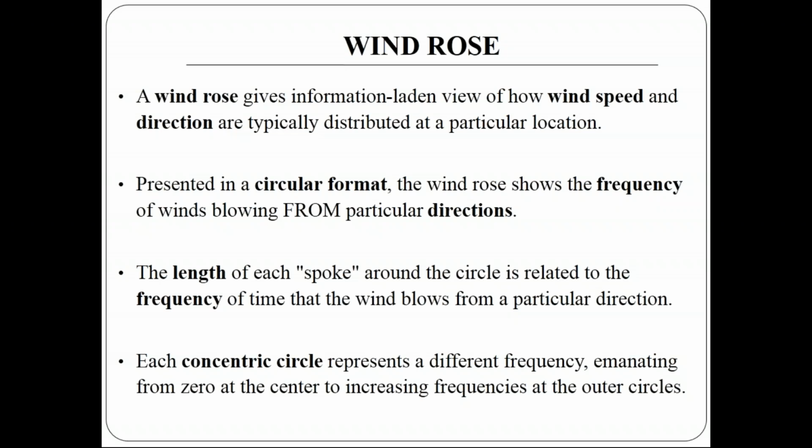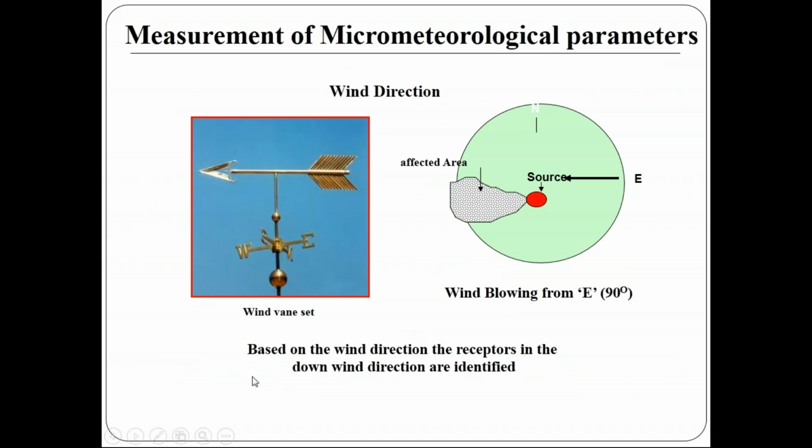The concentric circles represent different frequencies, from zero at the center to increasing frequency at the outer circle. Here you can see this is the wind vane of the anemometer, and this is, suppose, one affected area. So wind can be blowing from any direction, of course.